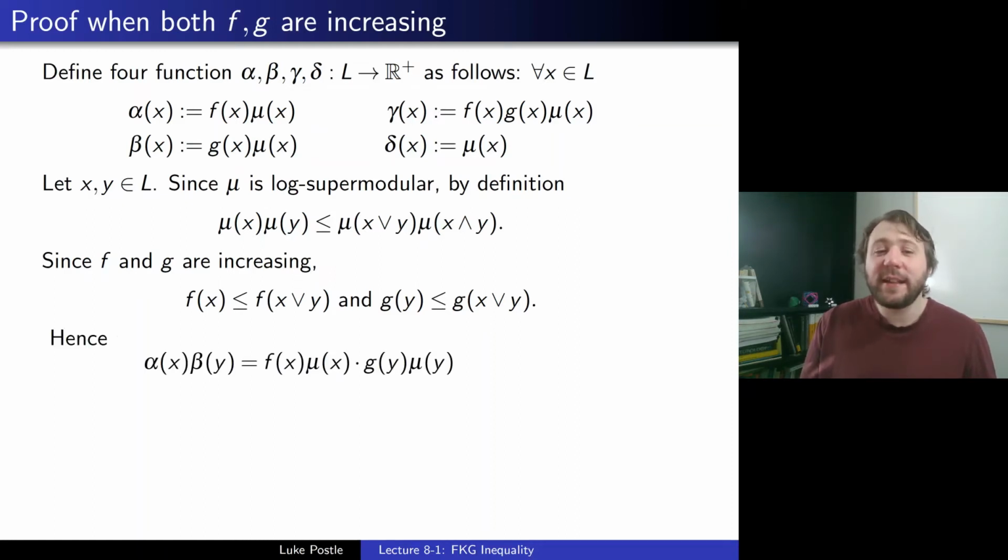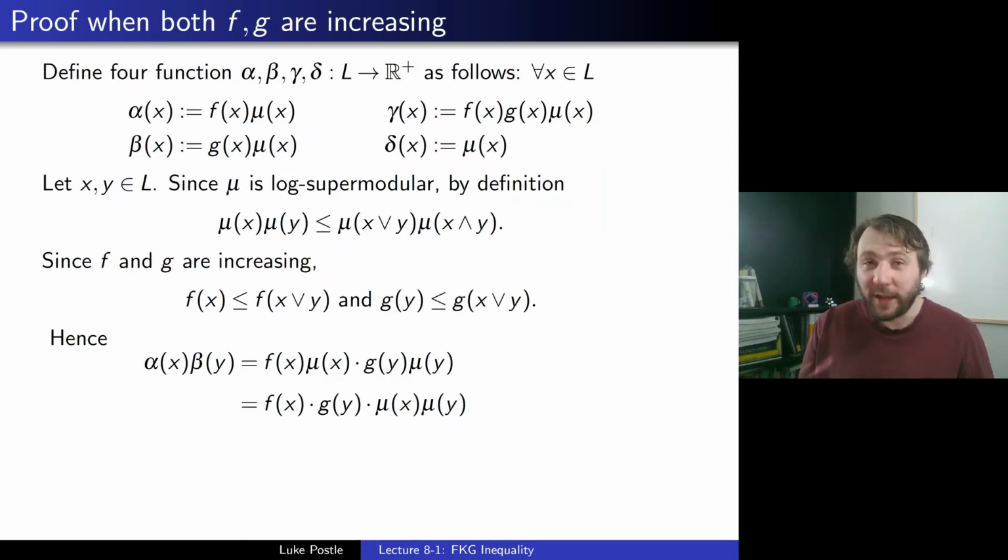And so then what is the four functions condition? Well, we have alpha of x times beta of y, so we could just plug that in. You'd have an f mu for x and a g mu for y. And then from the inequalities above, let me do a little rewriting. So let's move the mu to the end. So we have f of x times g of y times mu of x and mu of y.